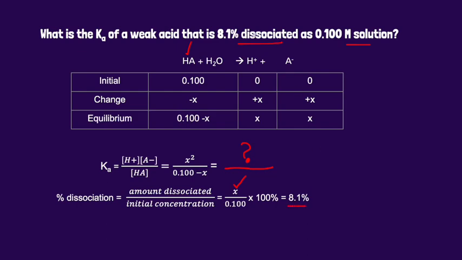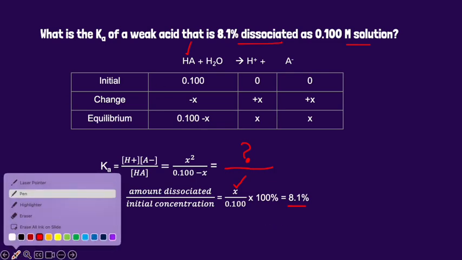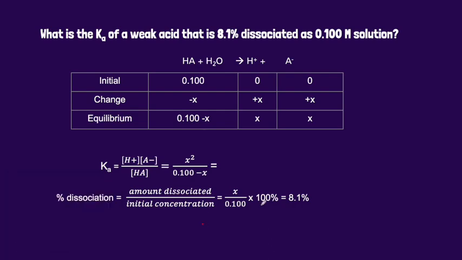These are my numbers that are already given in the question. I move these around, take this to this side, and at the end multiply this by that. I hope you know how to do it. At the end, you would get a value of x, which is 0.0081.